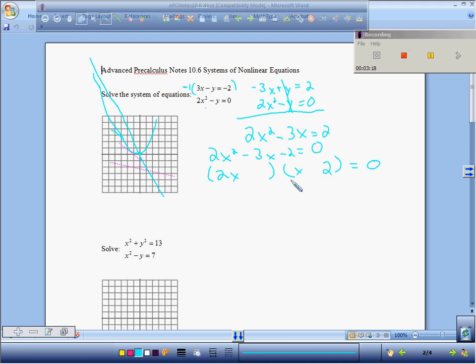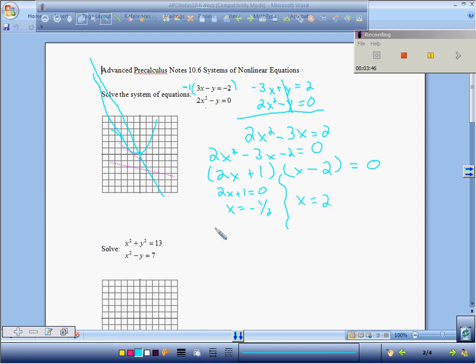One of them has to be 2, and I think the 2 has to be here because I have a minus 3 over there. So 1, and does this get minus? Yeah, you were right, Nick. Minus, plus. So either 2x plus 1 equals 0, which means x equals negative 1/2, or x equals 2.